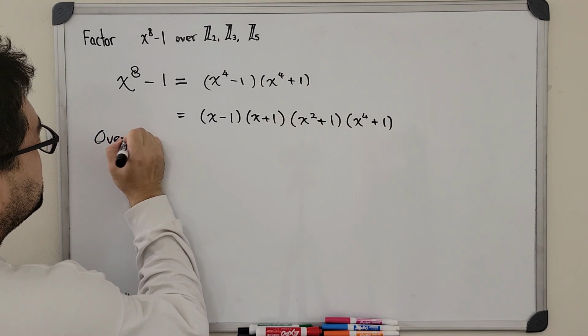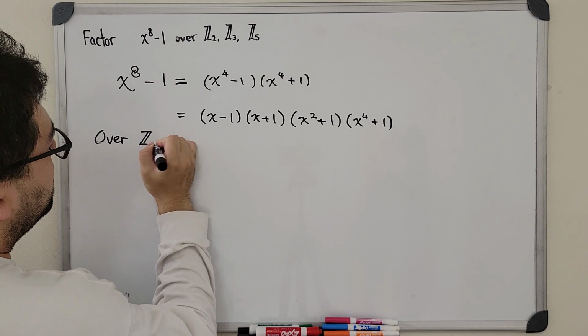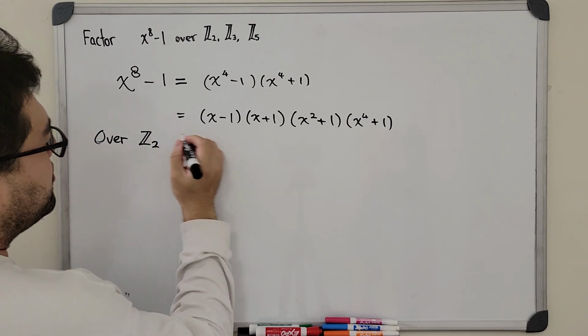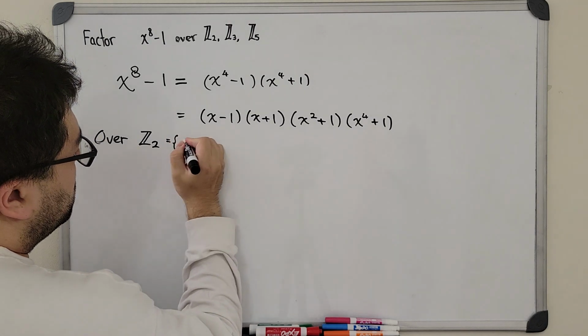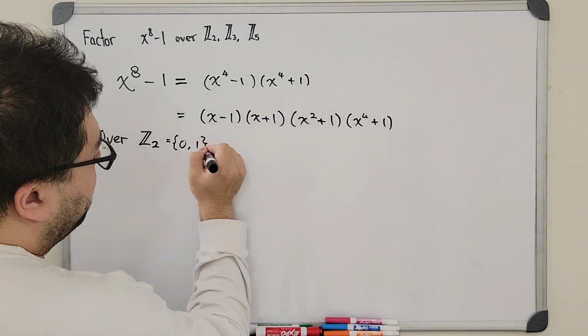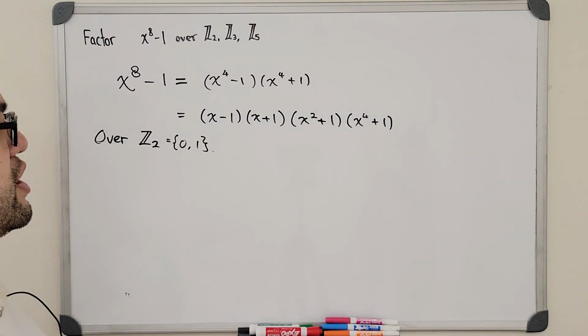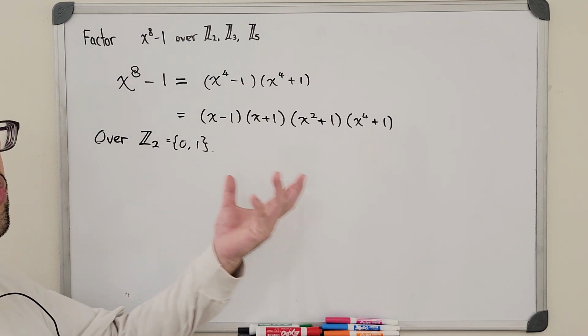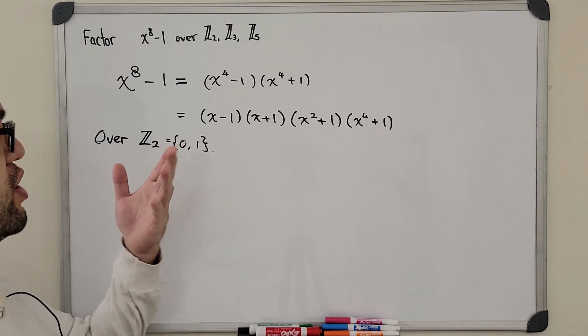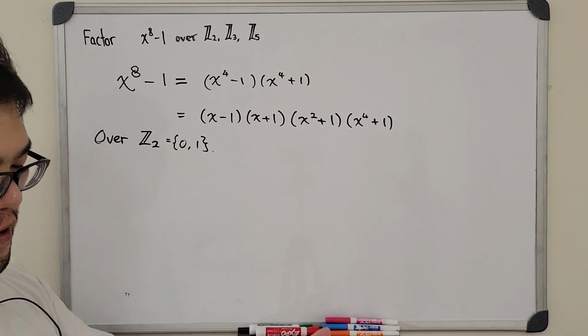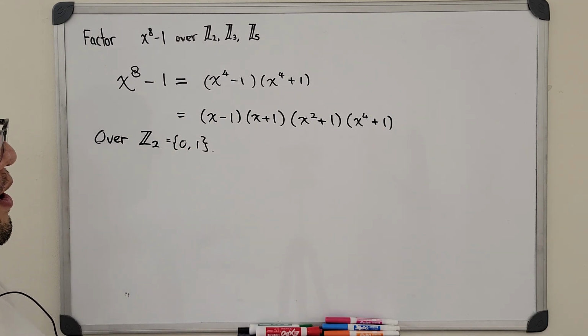The first one says we're going to factor over Z2, which means the coefficients will only be 0 or 1. In other words, if we see something that is 2 or more, or something negative, we can divide by 2 and find the remainder.